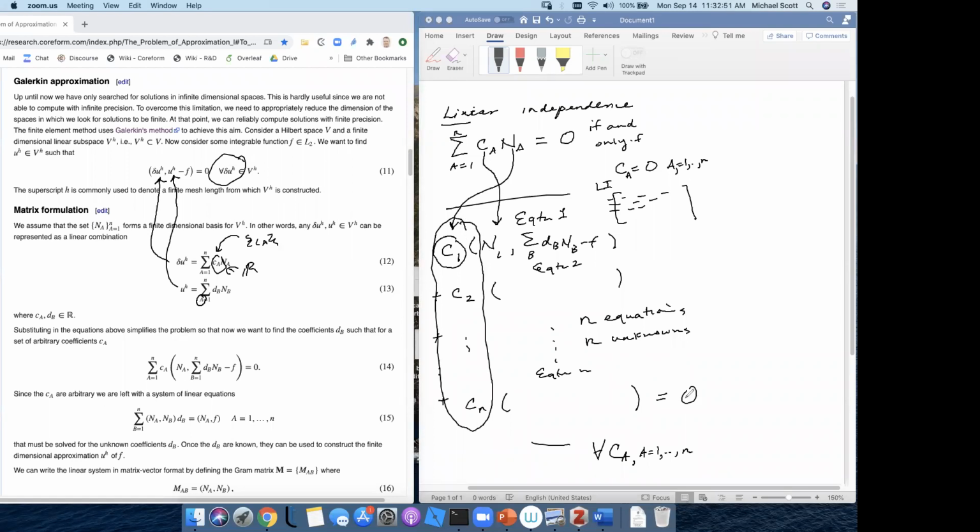So in order for this to work, these n equations in n unknowns better be linearly independent. And if they are, and it's a square matrix, then you can invert the matrix and solve it. Okay, good. Any questions on that?